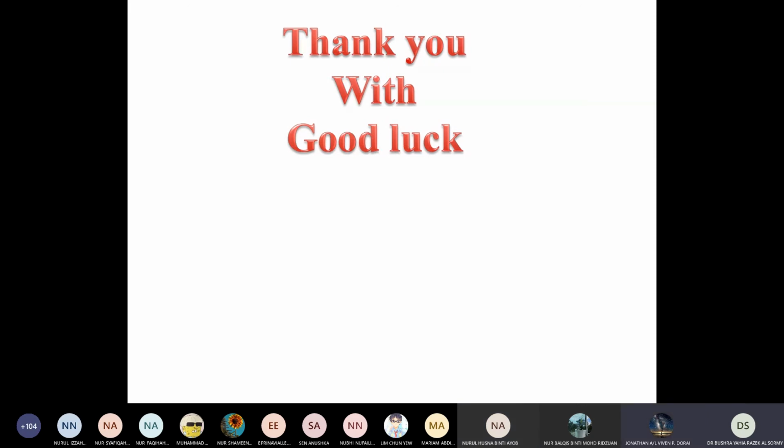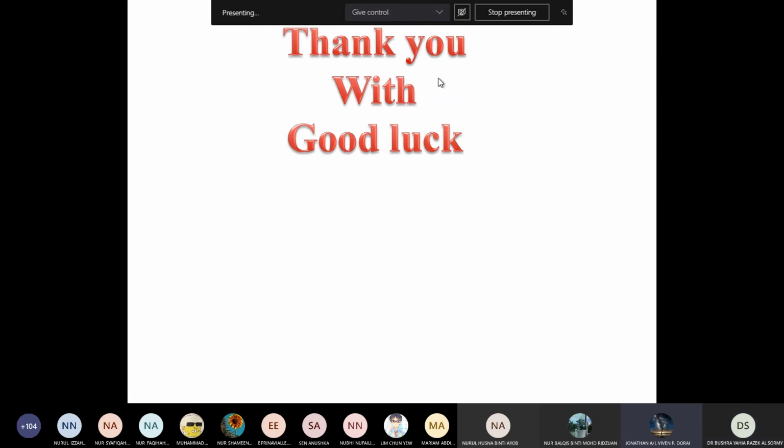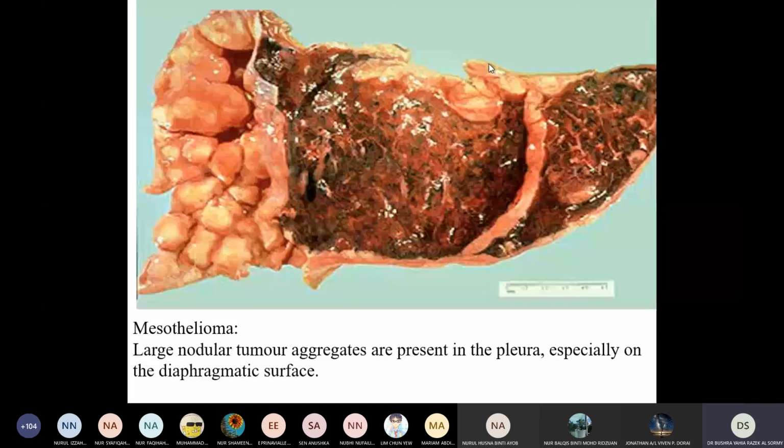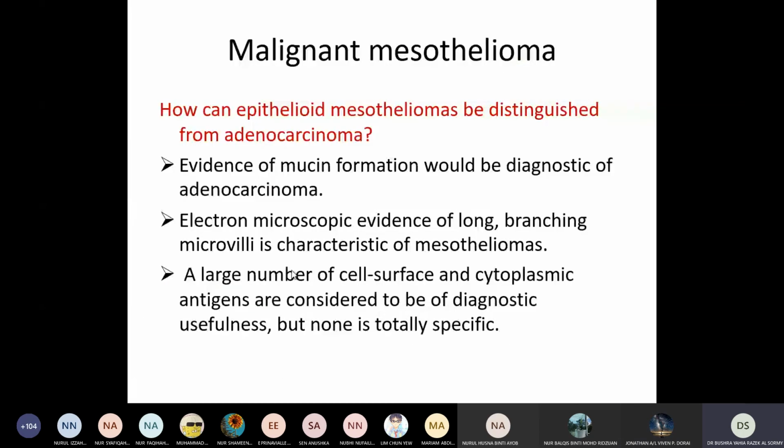Doctor, if you want to differentiate mesothelioma from adenocarcinoma, we must do immunohistochemistry, is it? Actually, the ideal is the electron microscope, to see the microvilli, but not all labs have an electron microscope.